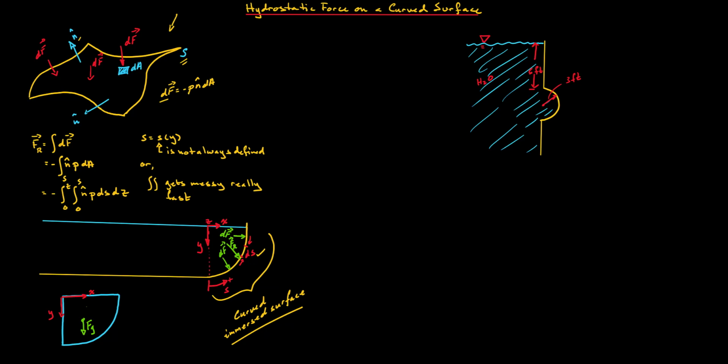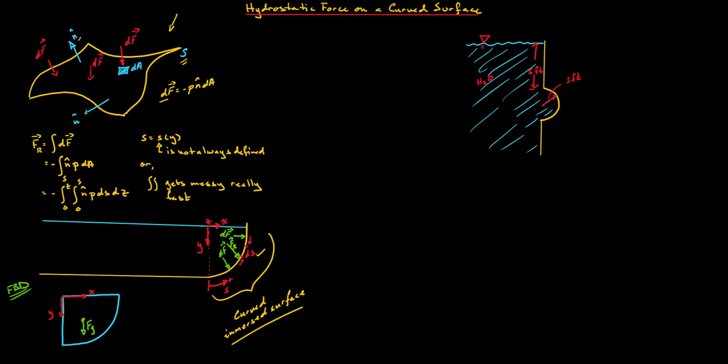Again, I'm calling it a quarter circle, but it's not necessarily so. So this quarter circle of fluid, let's say water, has a certain weight associated with it. This is a body force. Now remember, this is a free body diagram that we are doing. So we want to look at all of the forces acting on this.